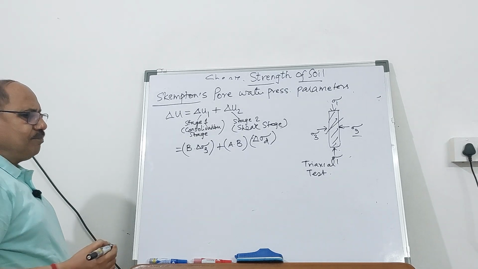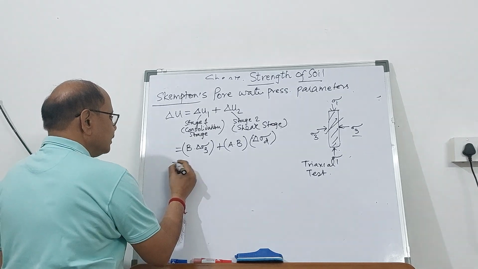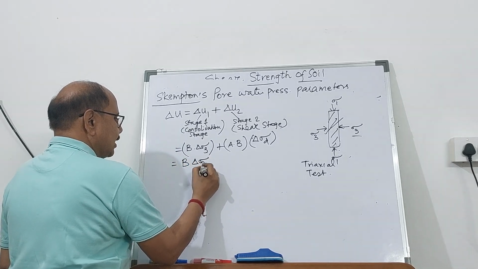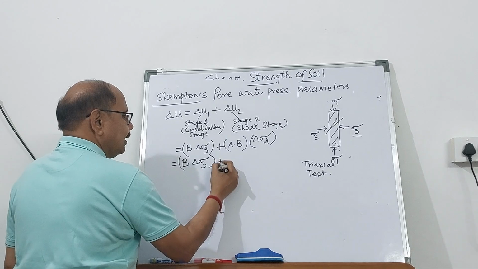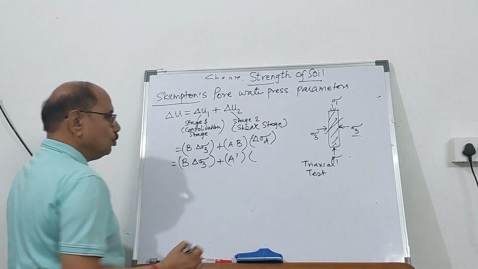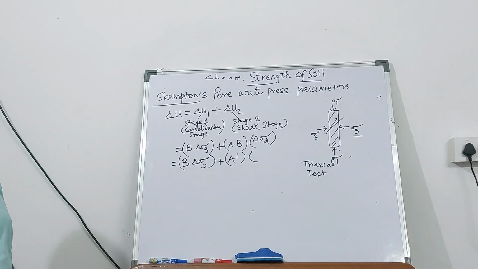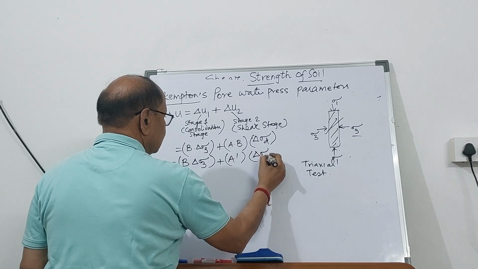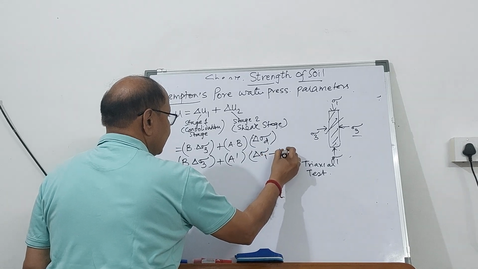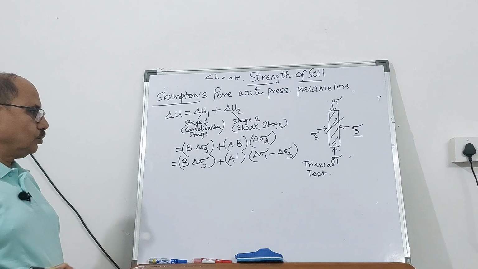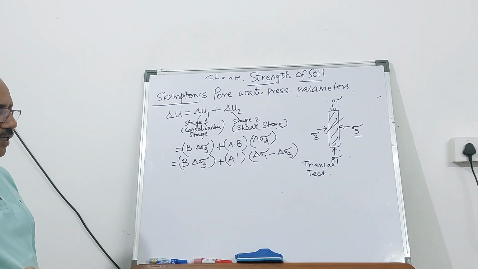So a simple way you can say this is equal to B into delta sigma 3, and AB can be written as A prime, into delta sigma D, which can be written as delta sigma 1 minus delta sigma 3. So that is the deviatoric stress.